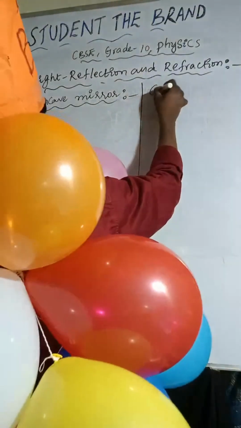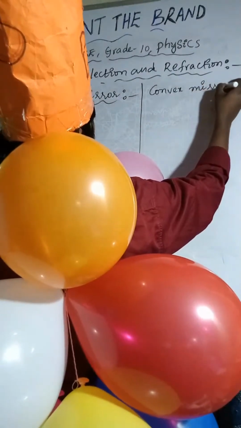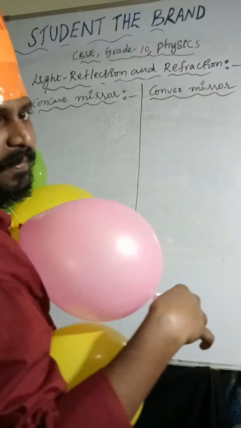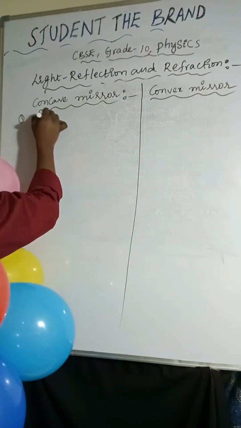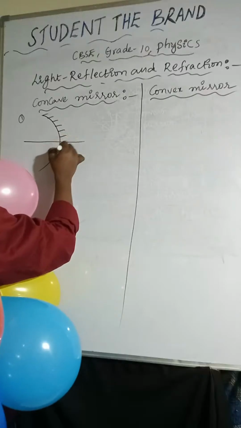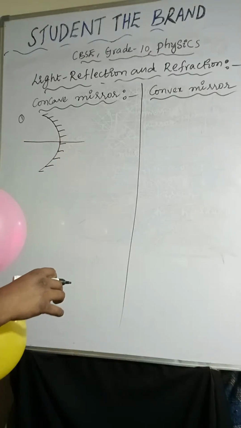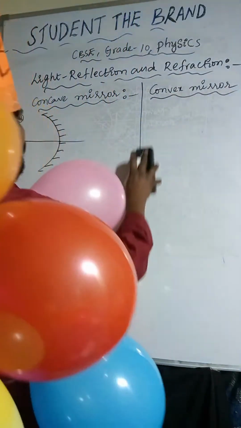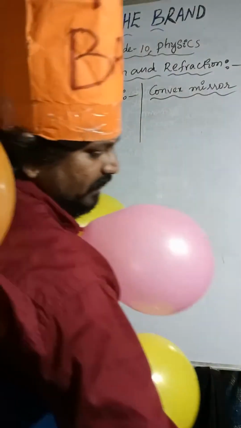Now for the concave mirror, the first point is the pole. But before that we'll discuss terms related to the concave mirror, then I will go with concave mirror and convex mirror.